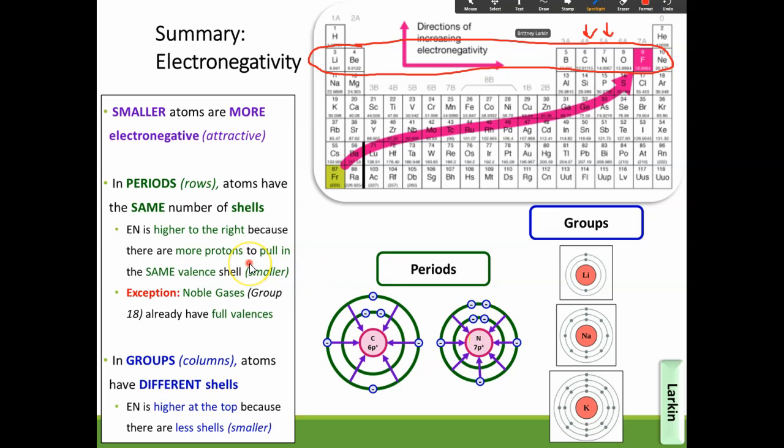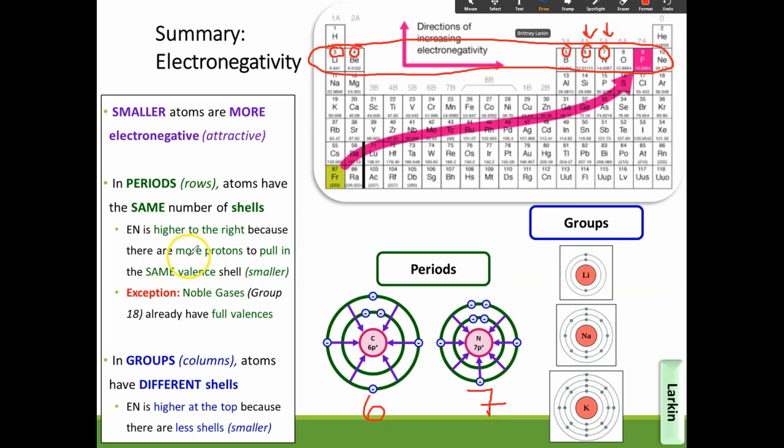So as you move toward the right in a row, you have the same exact structure, the same valence shells. However, you are adding protons. Remember that the number at the top tells you the number of protons. I start out with 3 protons, 4 protons, 5, and now you can see carbon has 6 protons, whereas nitrogen has 7 protons.